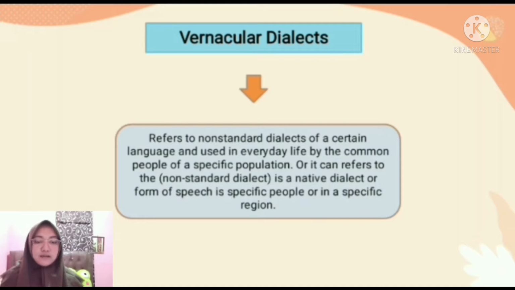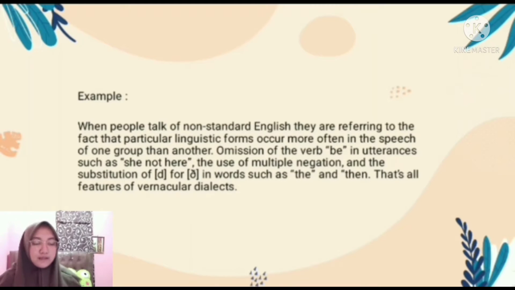Here there is also an example of vernacular dialects. When people talk of non-standard English, they are referring to the fact that particular linguistic forms occur more often in the speech of one group than another. The omission of the verb be in utterances, such as "you should not hear", the use of multiple negation, and the substitution of d or t for th in words such as "the" and "that".